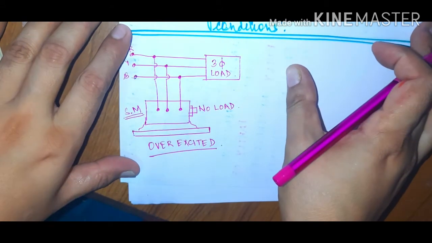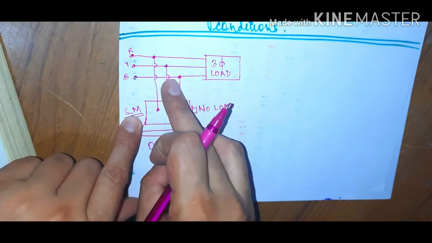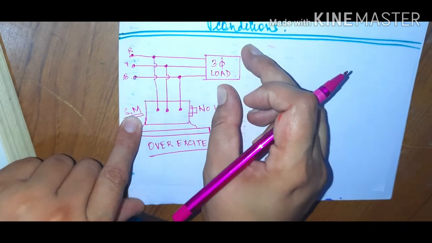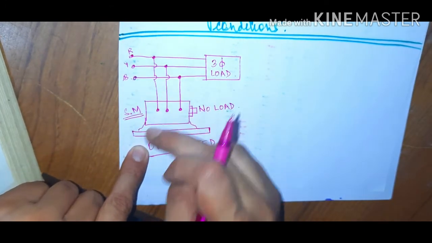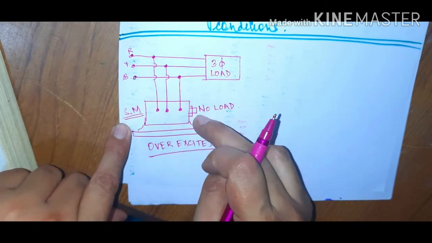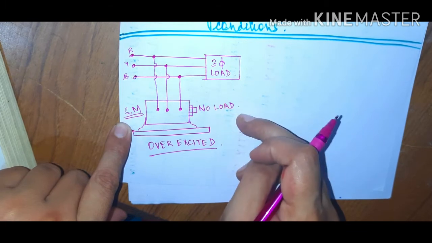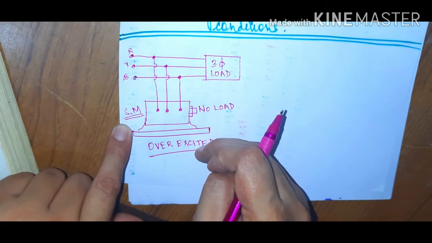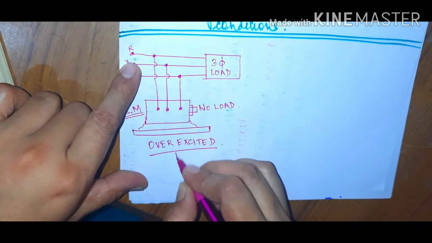As you can see over here, there is one 3-phase load, and these are the three supply wires, R, Y and B phases. With the R, Y and B phases, I have connected a synchronous motor at no load, and whenever the synchronous motor is at no load, it behaves like an over excited motor.